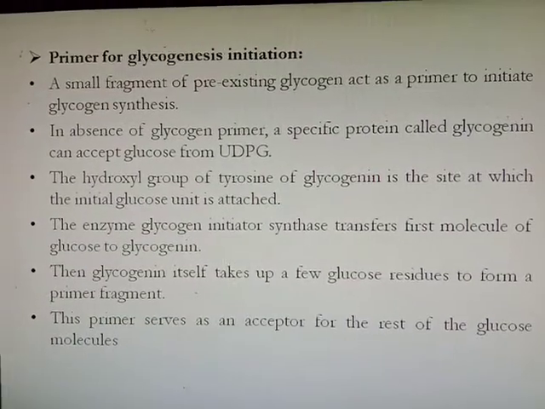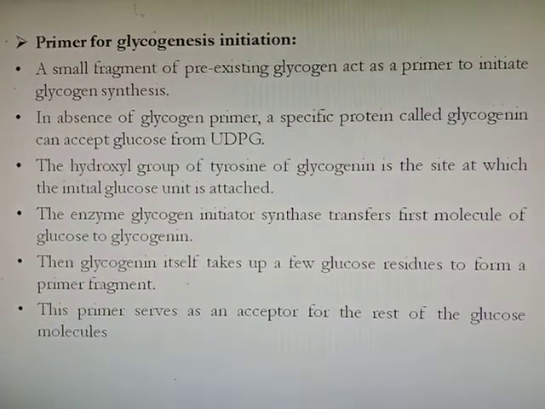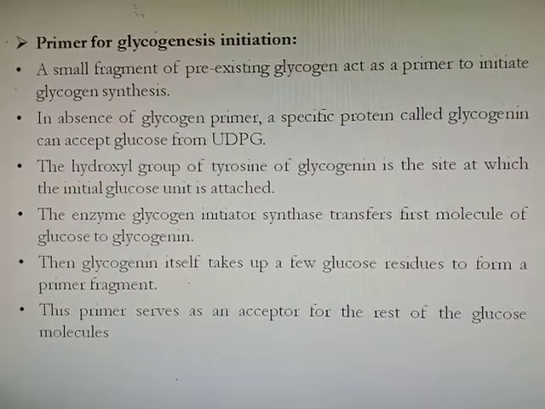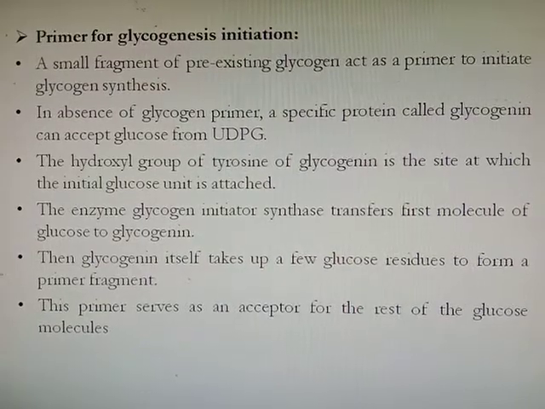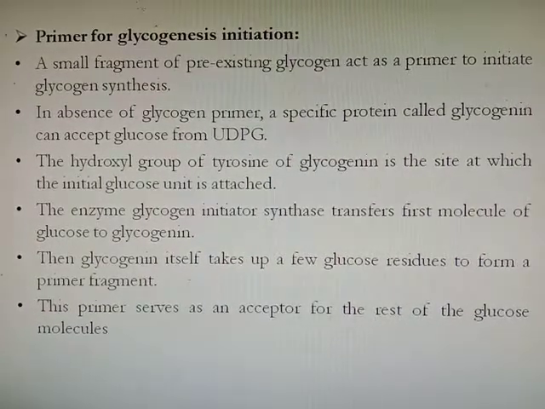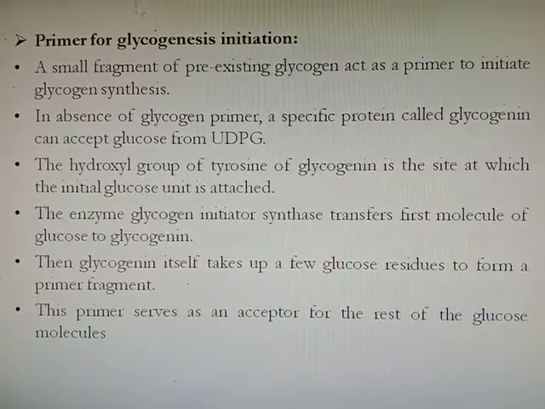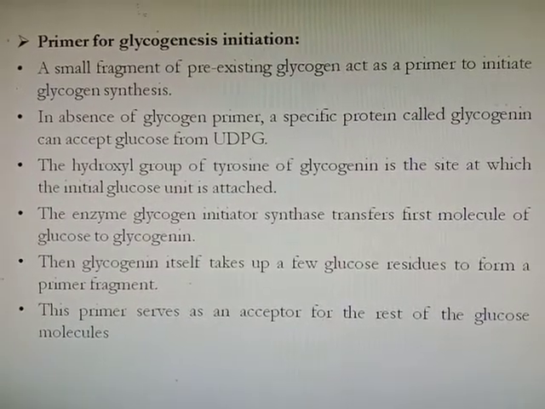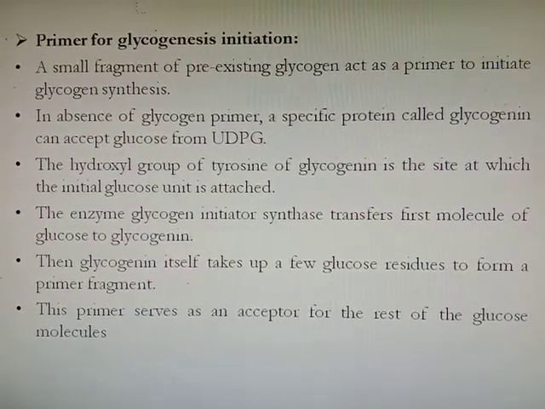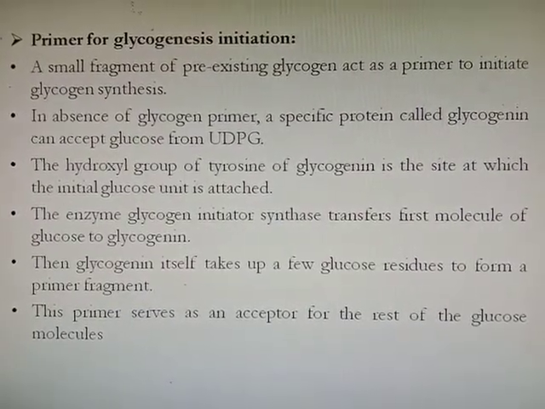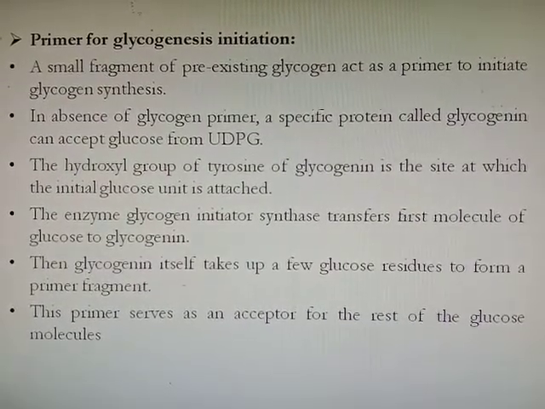The primer required for the glycogenesis initiation: a small fragment of pre-existing glycogen acts as a primer to initiate the glycogen synthesis. In the absence of glycogen primer, a specific protein called glycogenin can accept the glucose from uridine diphosphate glucose or UDP glucose. The hydroxyl group of tyrosine of glycogenin is the site at which the initial glucose molecule is attached.